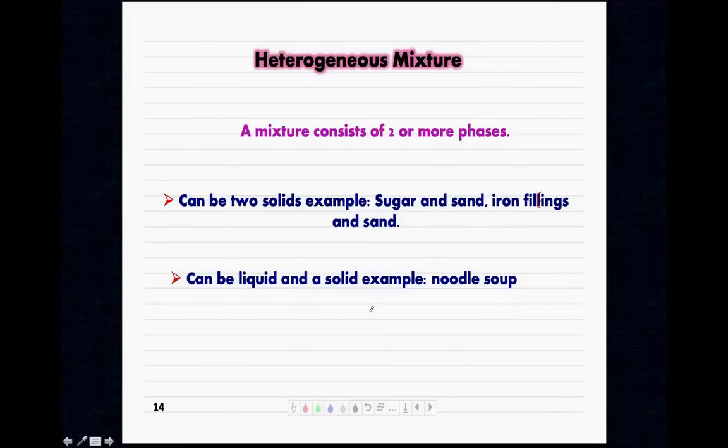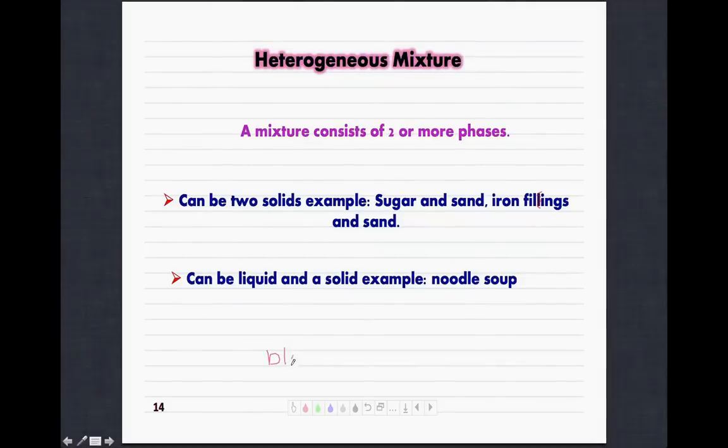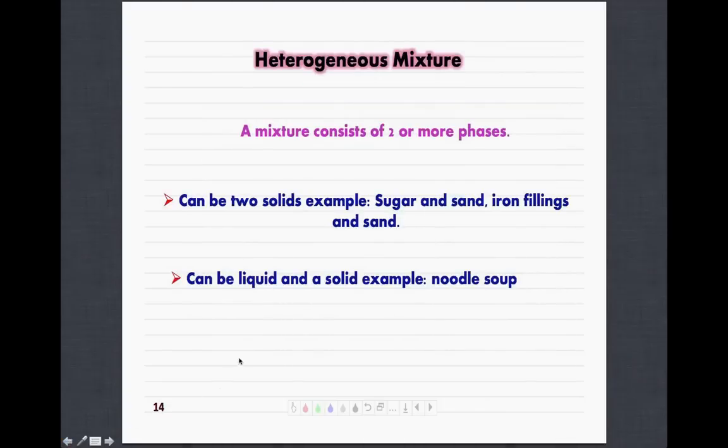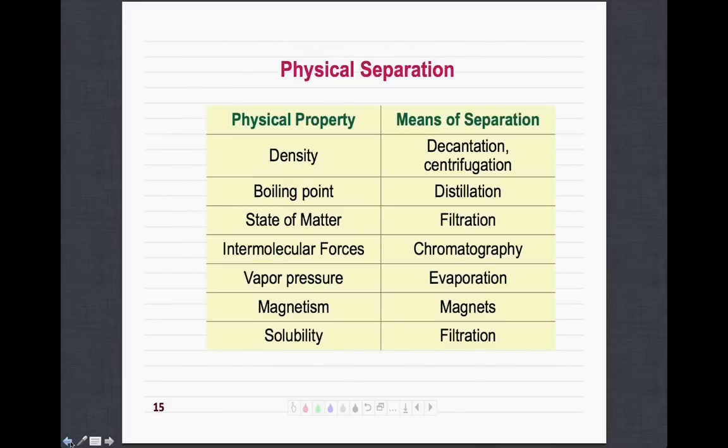There are two exceptions for this kind of rule: the blood and the milk. So if you take the milk, you look at it, you see one phase. Yet if you put it in the path of a light, you're gonna see particles in there that are just suspended inside the milk.